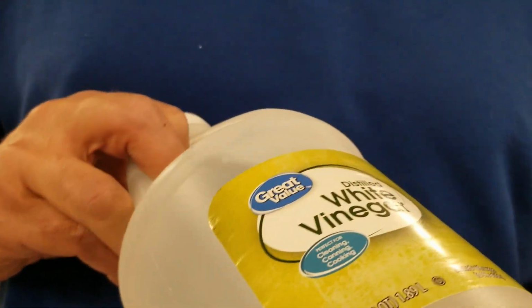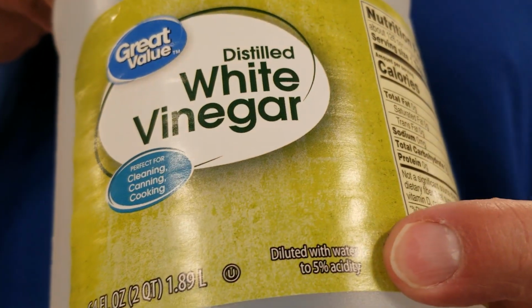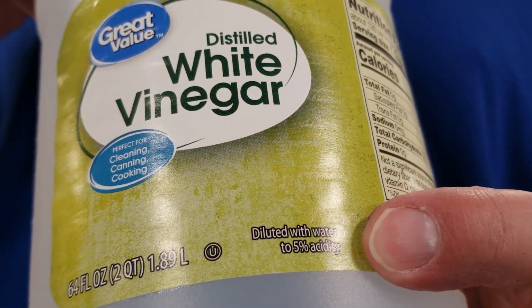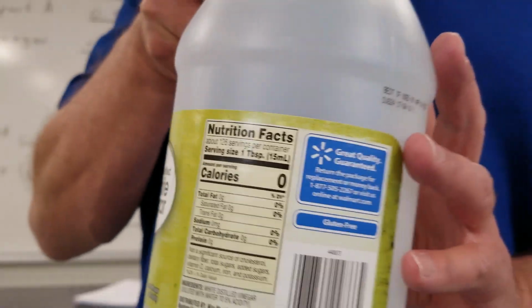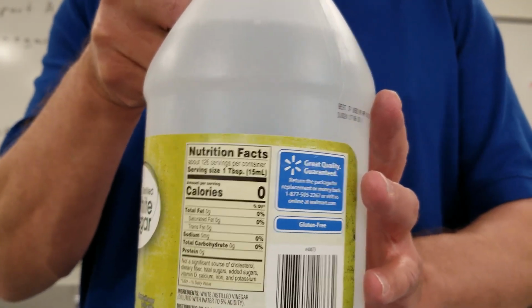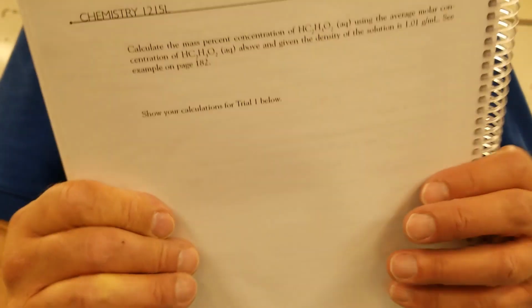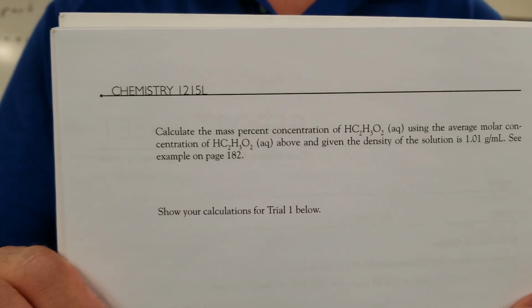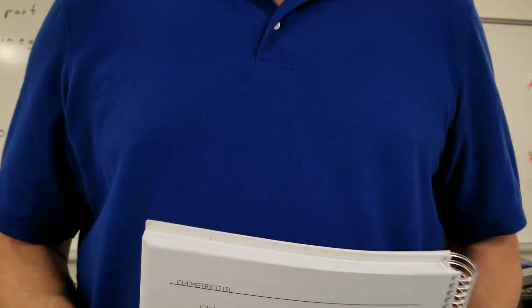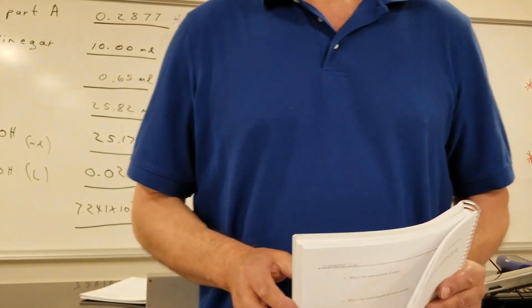Well, here's a label of the vinegar solution, and you might notice right there it says adjusted to 5% acidity. In other words, this solution, the vinegar, is 5% acetic acid by mass. So when you complete this part here, you should be coming in the ballpark of 5% when you complete this sheet. And that's our demonstration of this week's experiment.